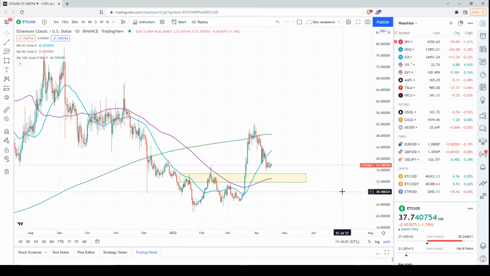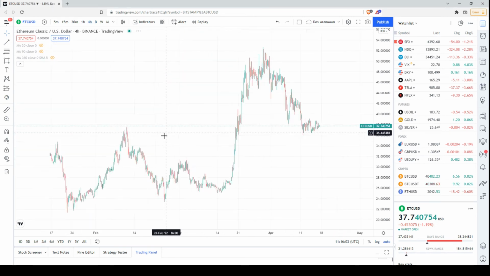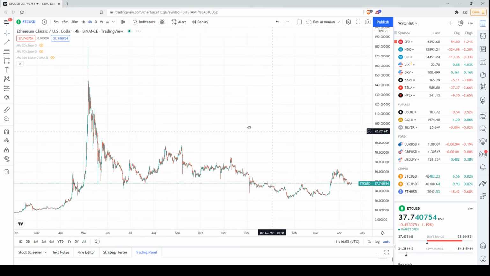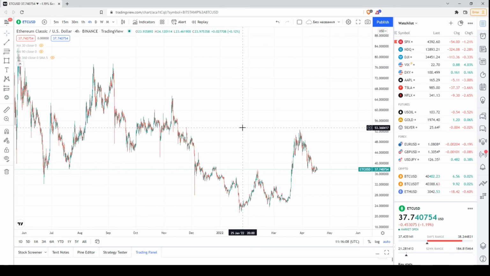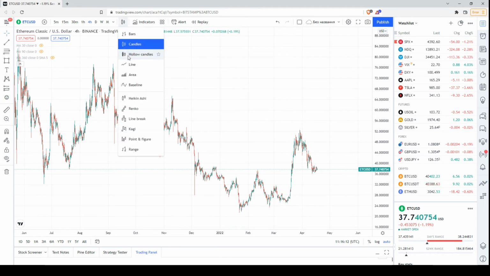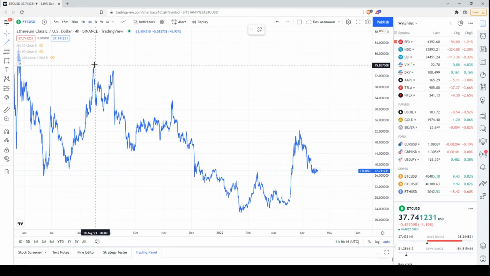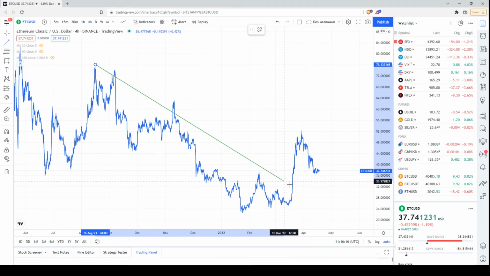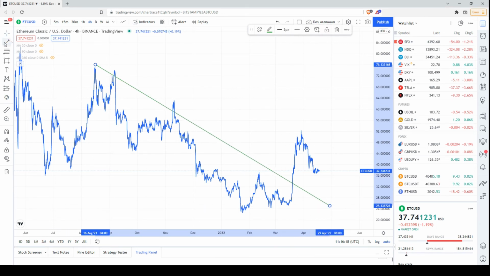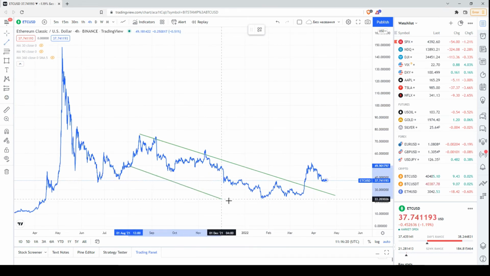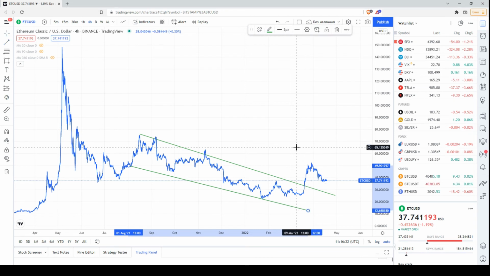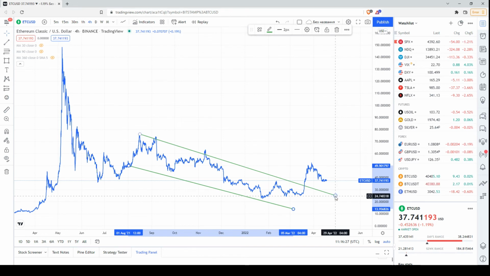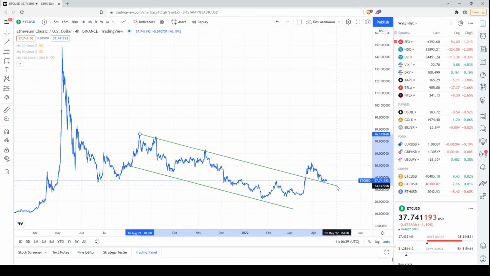And if we check the 4-hour chart, this is how the 4-hour chart looks. I don't want to say that we have something really very bullish or bearish here. Definitely, if we switch to a linear chart, we can see this sequence of descending local highs here, or even I would say that we had some kind of descending narrowing wedge or descending channel or downtrend, and now the price is trying to exit this downtrend.